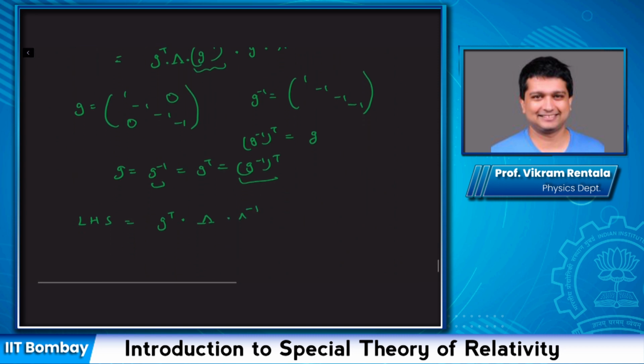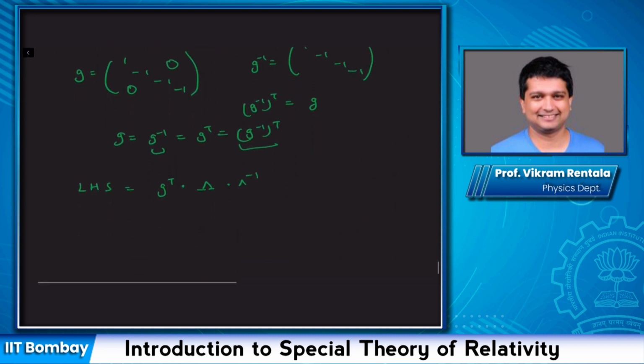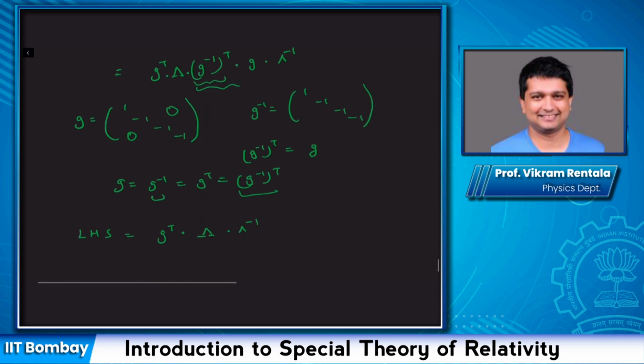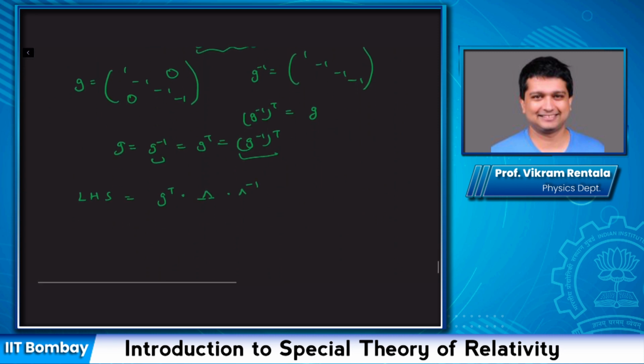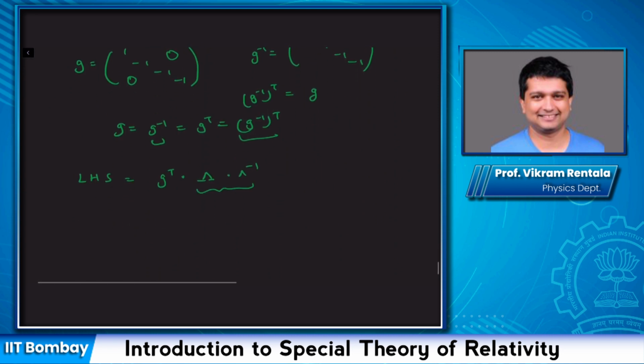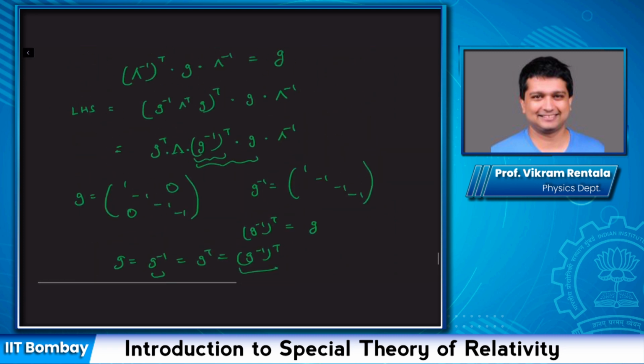So the left-hand side of our equation is just G transpose dot lambda inverse, where I just combined these two into an identity matrix. And lambda dot lambda inverse is again an identity matrix. And G transpose is just G, so this is just G, which is the right-hand side of our equation.